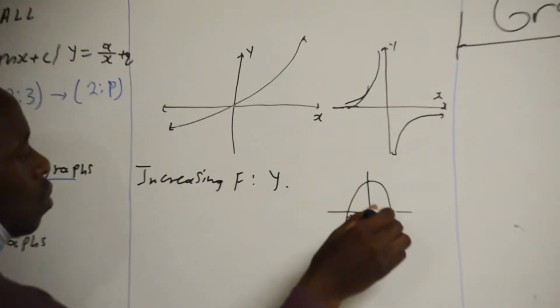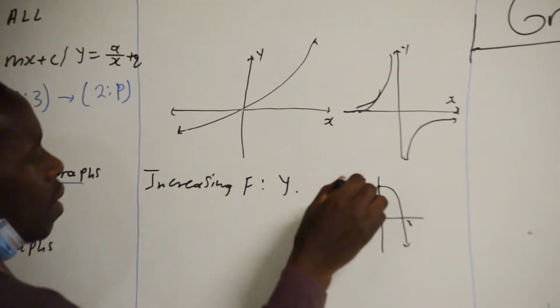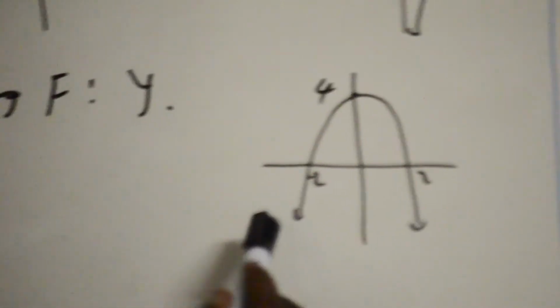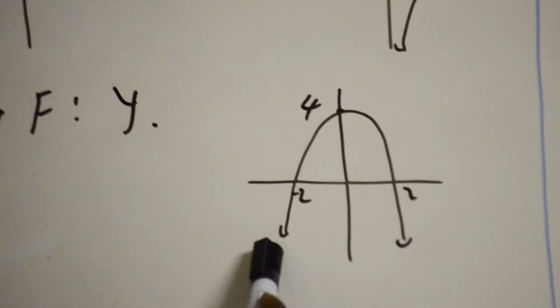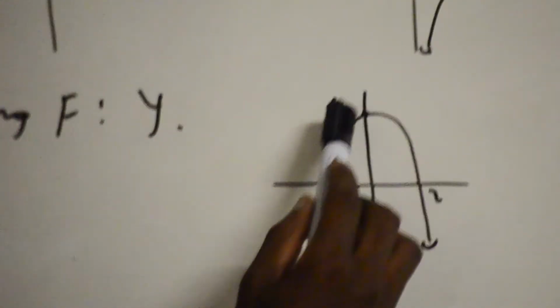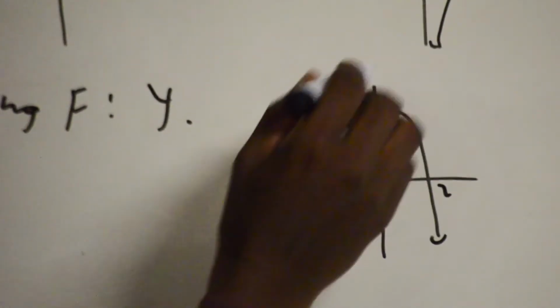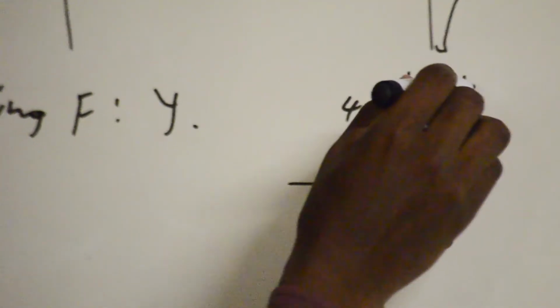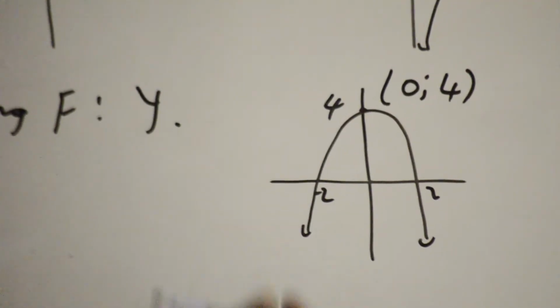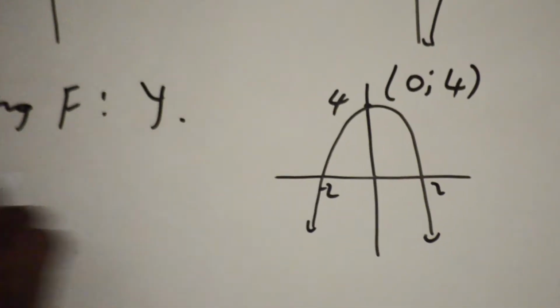Minus 2 is to 2. Let's say this is my 4. So in this case, if I follow my parabola, the parabola increases from negative infinity to 0, because I've got a turning point there. 0 is to 4. So from minus infinity, increasing where?